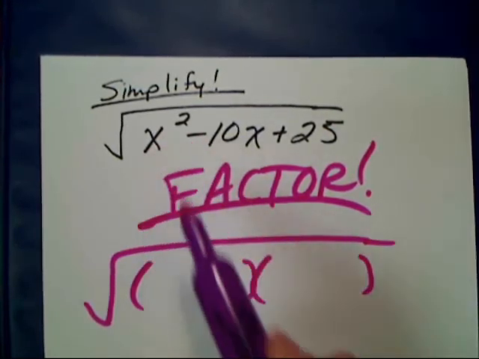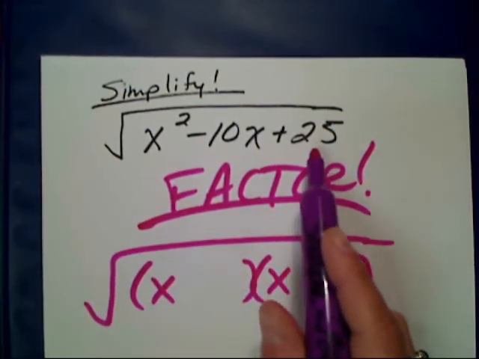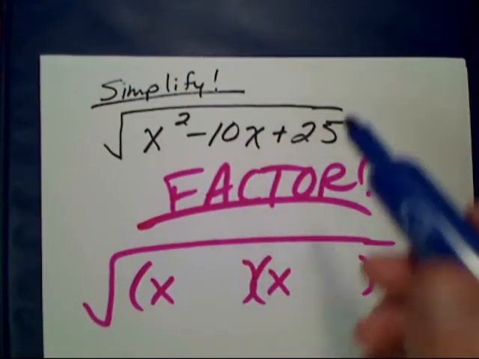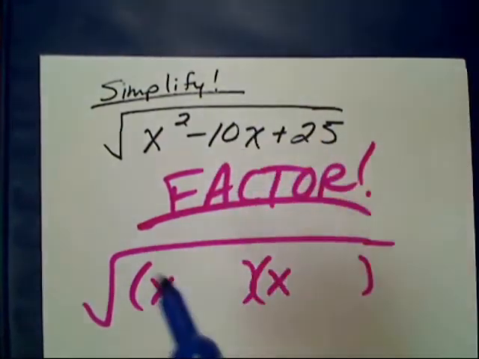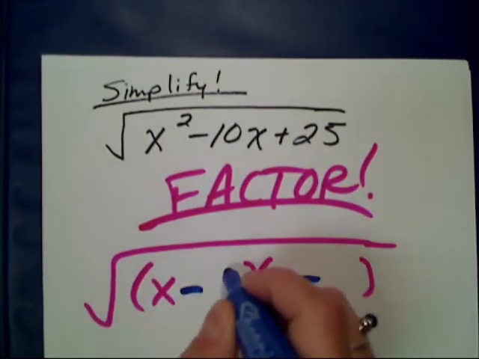This is the easy kind, so it's x and x. Need two numbers that multiply to 25 and add to negative 10. Well, it has to multiply to a positive, so the signs have to be the same. It has to add to negative, so they both have to be negative. Two numbers that multiply to 25, well, that's 5 and 5. 5 plus 5 is 10. So let's put the 5 in there.